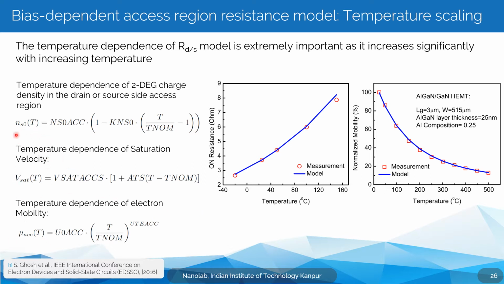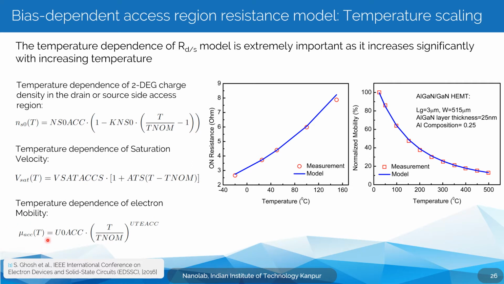The first equation governs the temperature dependence of the access region 2DEG concentration. The other effect is the temperature dependence of the saturation velocity in the access region. And the third effect is the temperature dependence of the mobility in the access region.